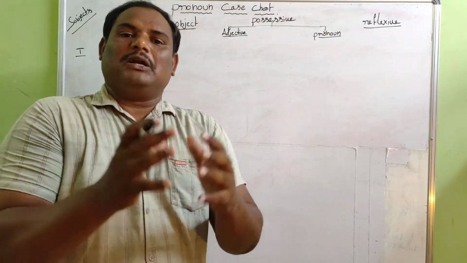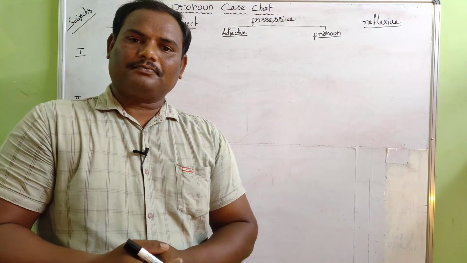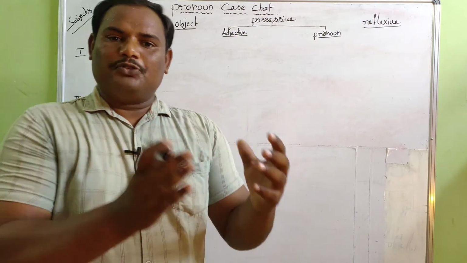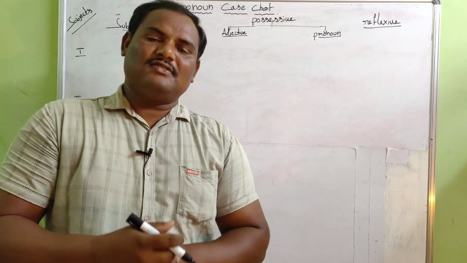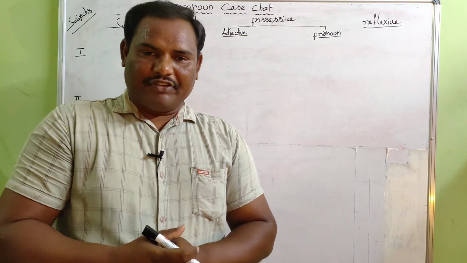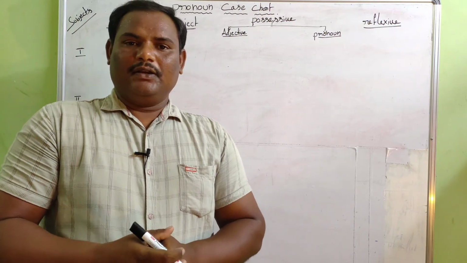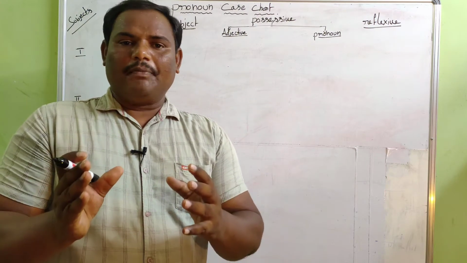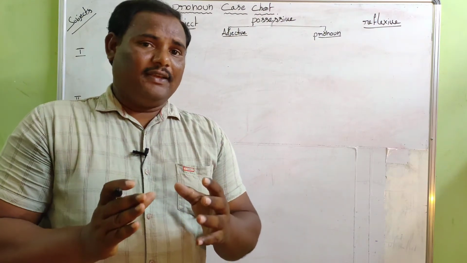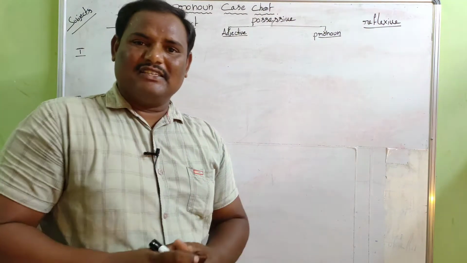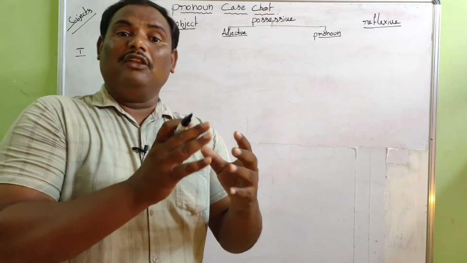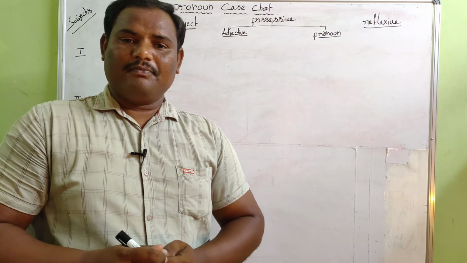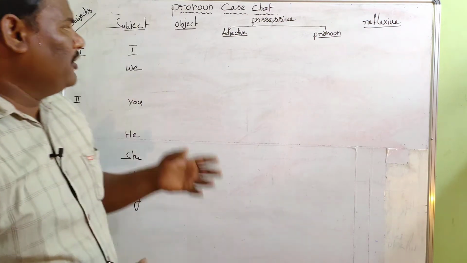We use reflexive pronouns when the subject and object are the same. This is an additional point that we need to remember, right? Reflexive pronouns can generally be formed by adding suffixes like self or selves.